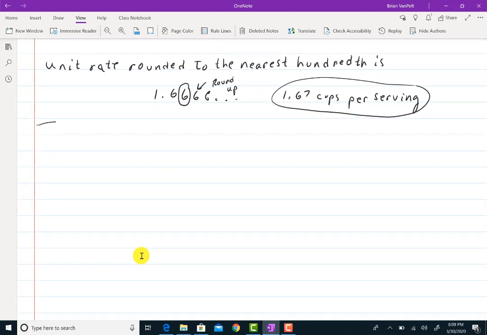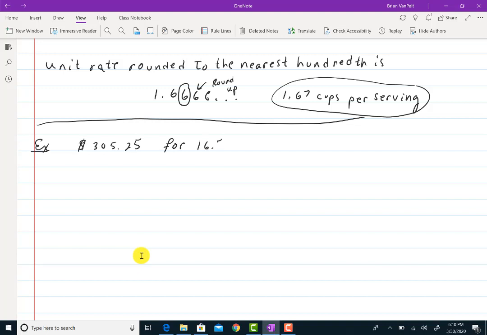Here's another example. This is one you may have done before in the past, but suppose you were paid $305.25 for 16.5 hours.